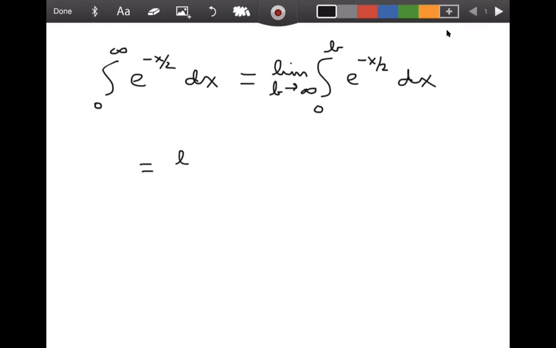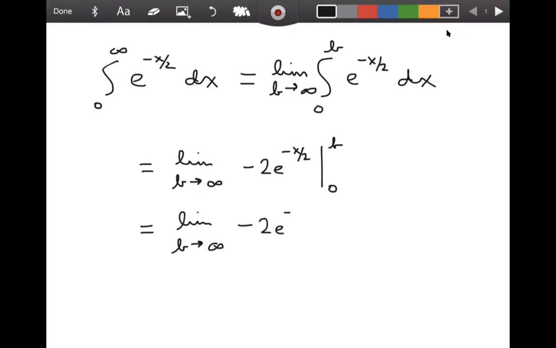Okay, now remember this is a limit. The antiderivative is negative 2e to the negative x over 2. We're going to plug in b, plug in 0. And that's going to give us negative 2e to the negative b over 2 minus negative 2e to the 0, right?